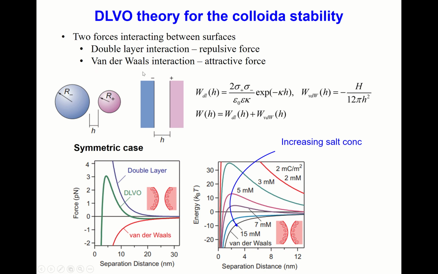Van der Waals forces are all the time attractive, and this is a very short range force. That means when two particles get close to each other, this force works, and it is always attractive.